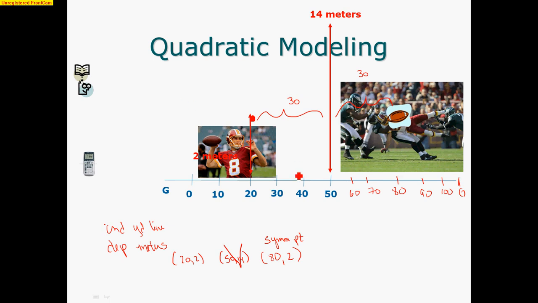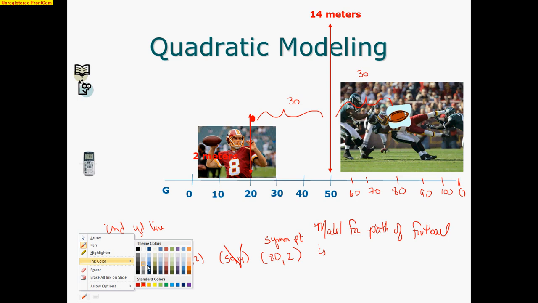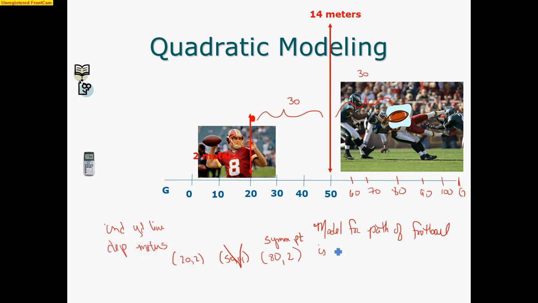So my model for the path of the football: negative 0.01 x squared.